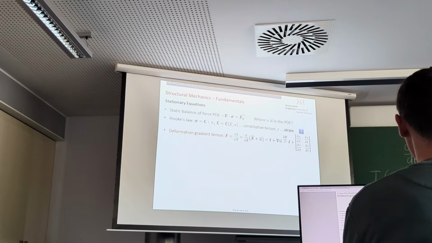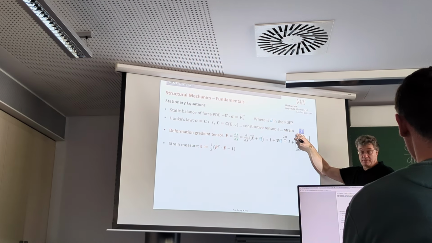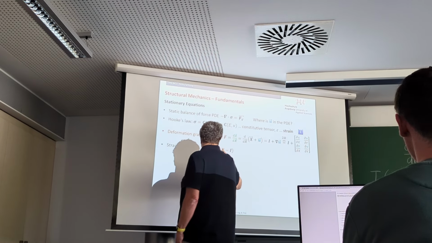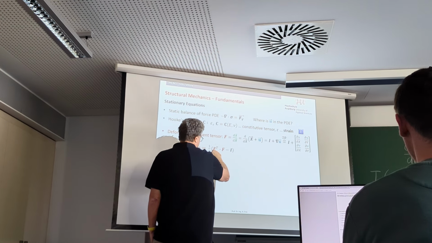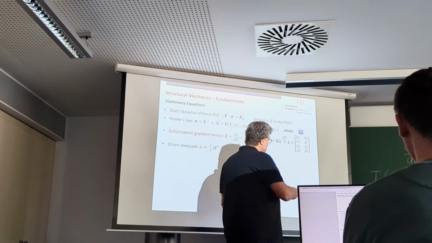The way strain finally is defined, you see here. Somehow we use this F, which contains elements that make sense to us, but we do a bit more. We combine that F with F transposed. Keep in mind that is a matrix. What does transposed mean?